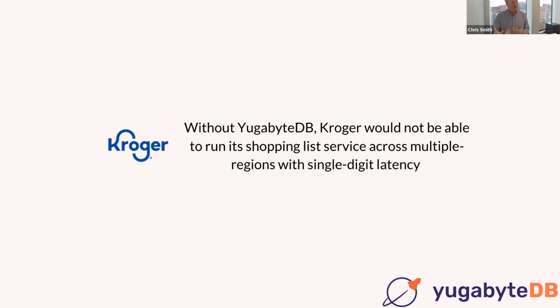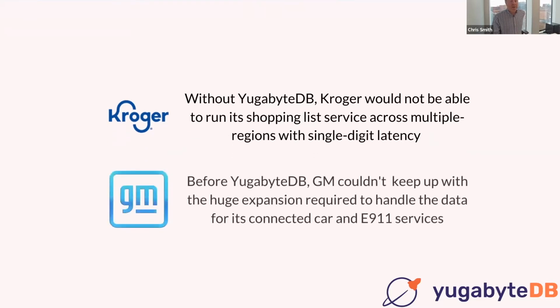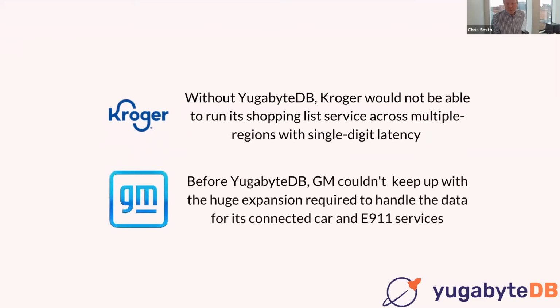I think, as we all know, especially within a retail context, it's incredibly important for applications and websites to be very, very responsive. And this is a key driver for Kroger. Very low latency with the database infrastructure spread across the US for resilience and in order to ensure that low latency. Slightly different use case is General Motors.